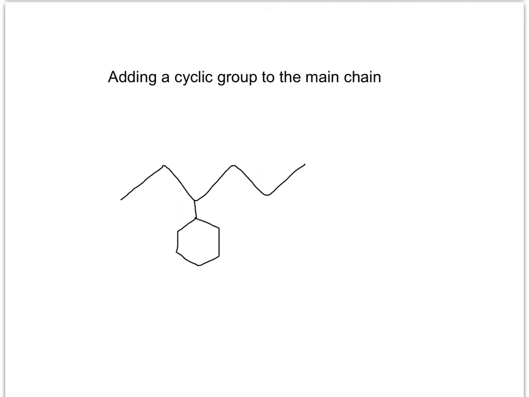When you're adding it to the main chain, you use -yl. So this is going to be 3-cyclohexyl, and then the chain is 1, 2, 3, 4, 5, 6. So it's going to be hexane. That's it. You don't want to use 1, 2, 3, 4 cyclohexyl hexane. You want to keep the number 3, or the position of the cyclohexyl group, as small as possible.